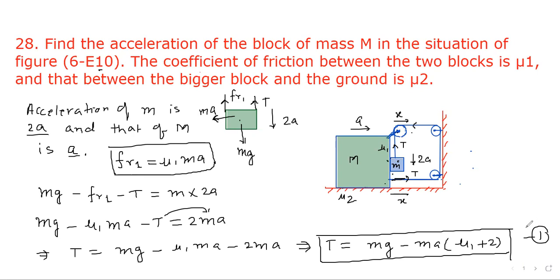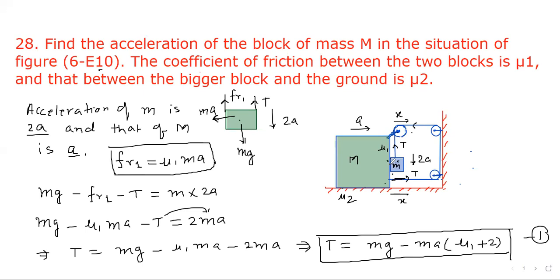Now we can consider the motion of block capital M. So let's draw separate diagram. So this is block capital M. There will be friction. Suppose this is Fr2 in this direction, and its weight capital Mg will act in downward direction, and normal reaction, suppose this is R2, will act in this direction. And there was one force that we have seen, that was R1 in previous case.